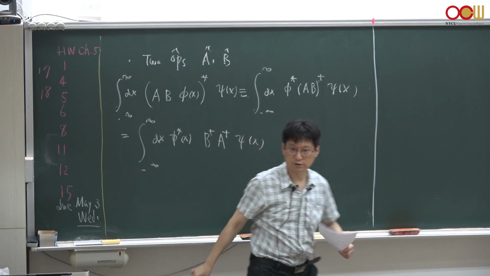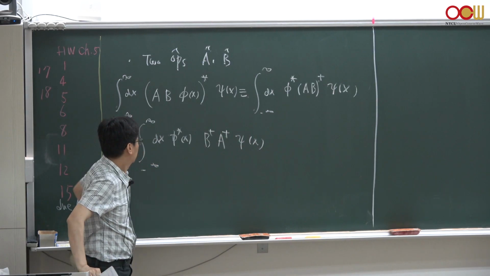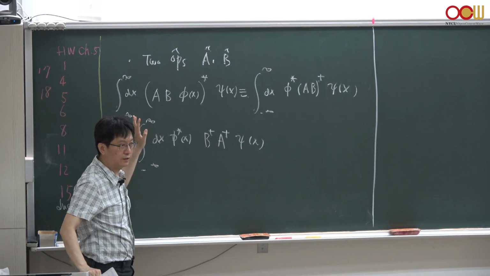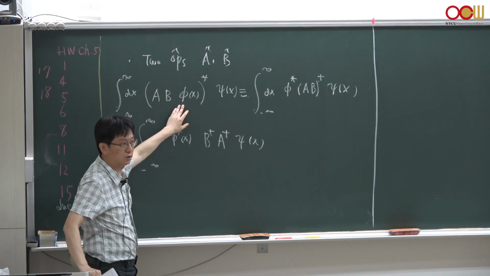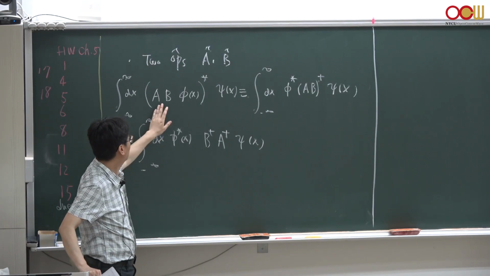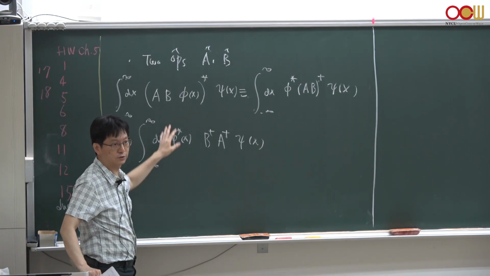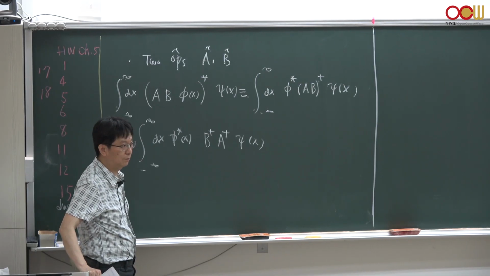So let's continue to define the dagger operator for a product of two operators, A and B. Suppose that A and B are two operators that act on this wave function phi. We would like to define the star of this operation, the Hermitian conjugate of this AB operation.